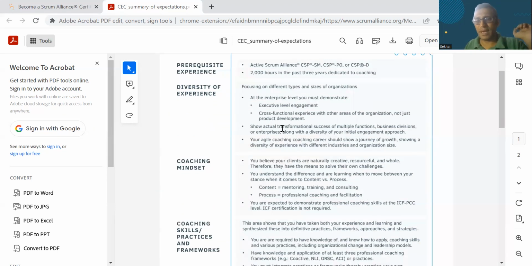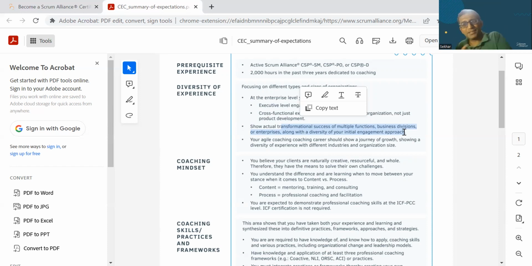And show some evidence of actual transformation success of multiple functions, business divisions or enterprises, along with diversity of your initial engagement approach. So if you have listed three stories, three examples of how you approached coaching, or how you approached transforming organizations, the way I look at it is: okay, you have organization one, your approach one, and you might have learned something from this, and how did you adapt to the next engagement?